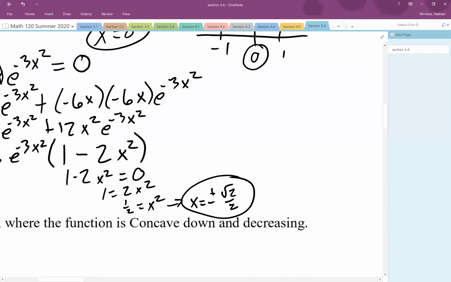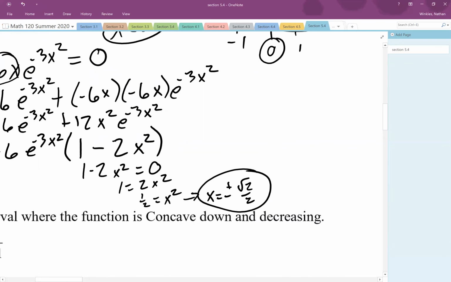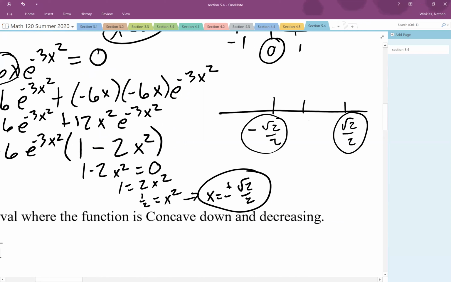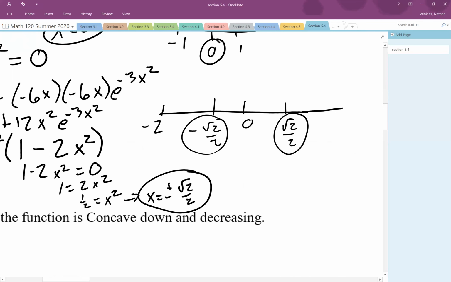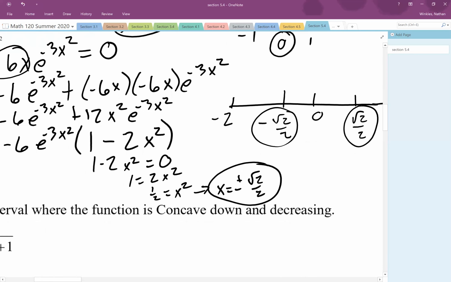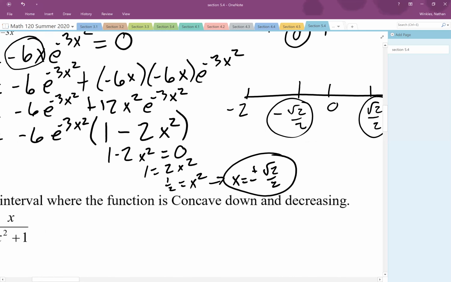So now we can come down here to our second derivative, negative square root of 2 over 2, square root of 2 over 2. We could pick 0, we could pick negative 2, and we could pick positive 2. So when we plug in to our second derivative, we're plugging in right here.